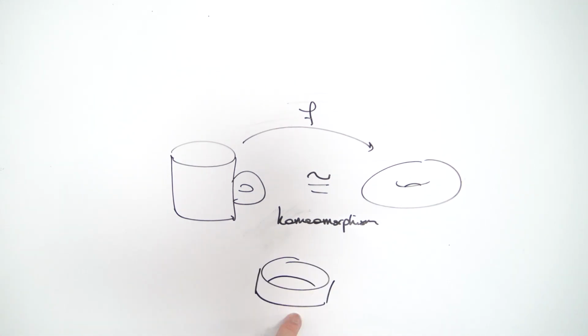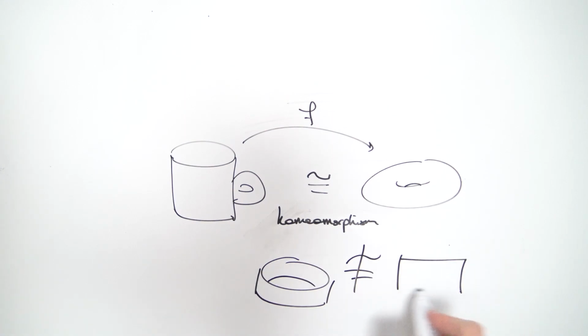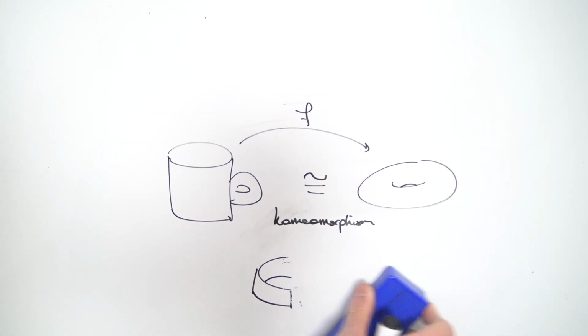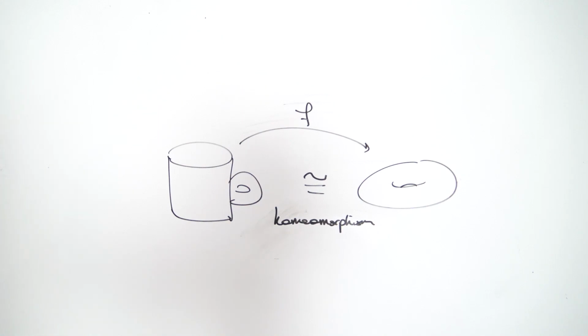For example, if you have a loop of paper over here, this is not homeomorphic to a rectangle, because you can't deform this in a nice and continuous way to get to the rectangle. You have to make a cut along here or something, and making a cut destroys the neighborhoods, so the neighborhoods aren't preserved. So we'll make these ideas of continuous maps and homeomorphisms much more precise in a later video, but this is the idea of how it relates to neighborhoods.